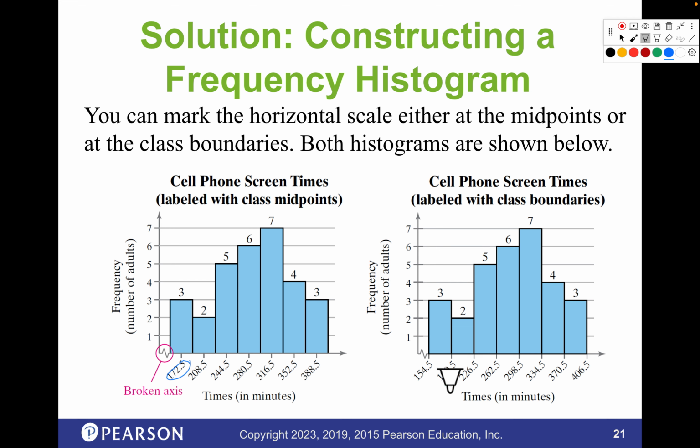So 154.5 to 190.5 here. So that's another way to do it. For me, I think it looks prettier if I went like 155, 191, you know, again, without the decimals. But we'll show you a couple different methods. You choose which one. Again, with the extra credit, it's about just following through and doing it. And again, having choice as well.